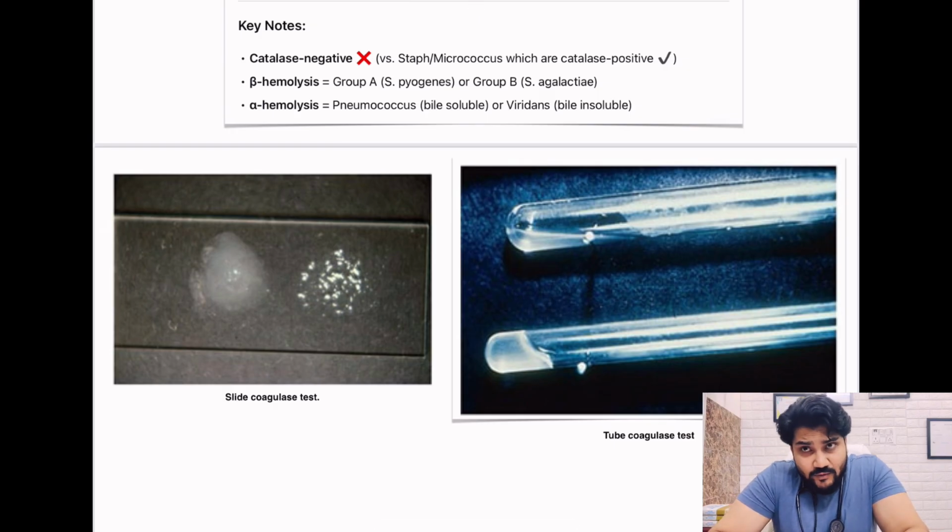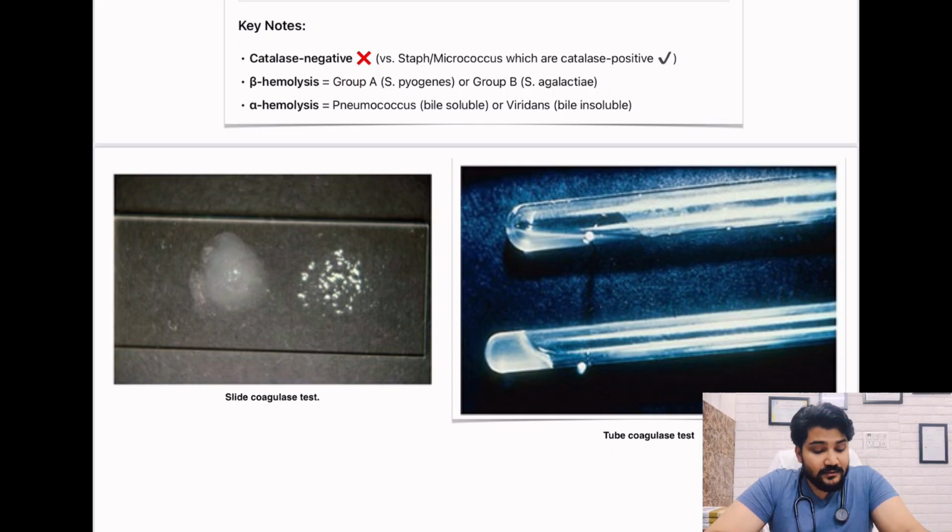You can do the coagulase test in two ways: first on the glass slide, and second in the tube. These are the two tests related to coagulase, the slide coagulase and the tube coagulase test.